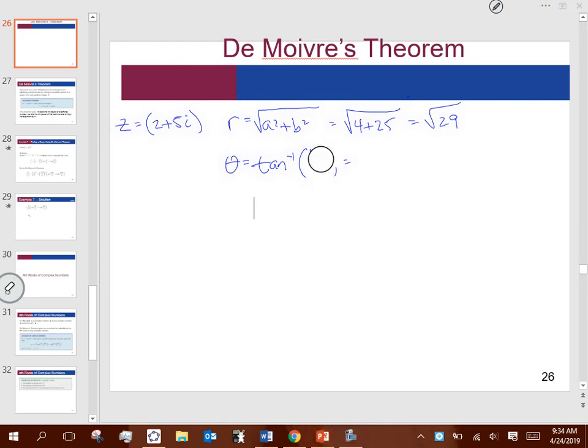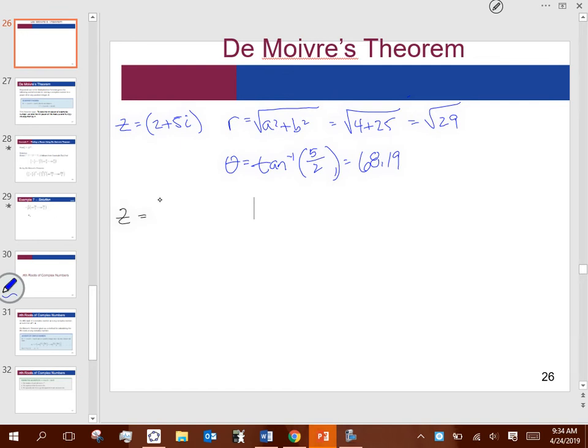So b was 5, a was 2. So 68.19. Right now, just for the sake of writing these down, I'm going to round to a couple decimal places here. But when we see our final answer, I'm going to grab Desmos and try to develop a procedure in Desmos so there's no rounding. Okay. So that is z with its polar properties.